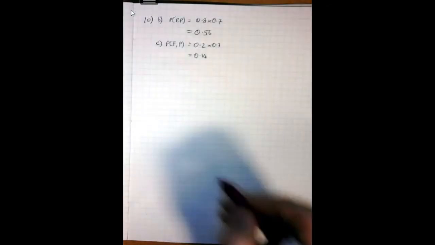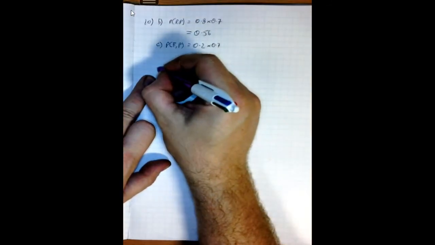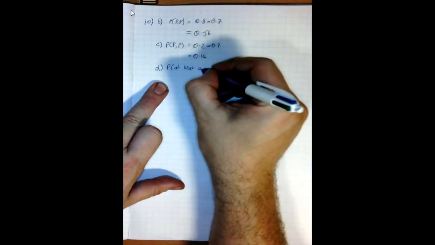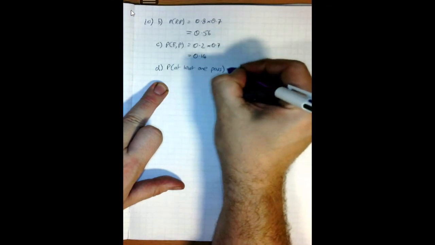Find the probability that at least one woman passes. I could do either pass, pass, pass, fail, fail, pass, and add those together. But I'm going to go a different way. Probability at least one pass. Well, that means everything but two fails.